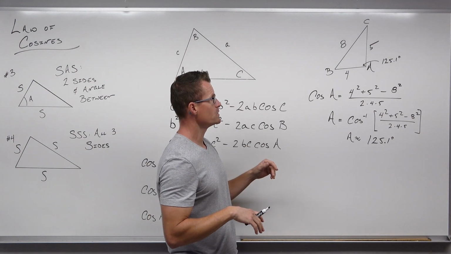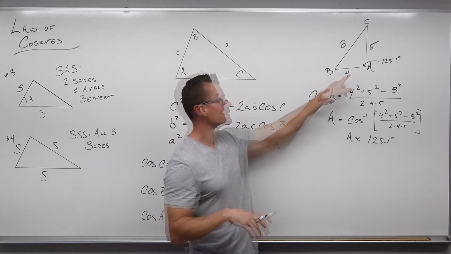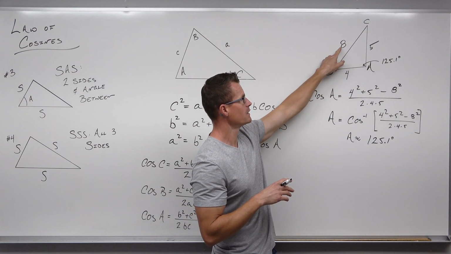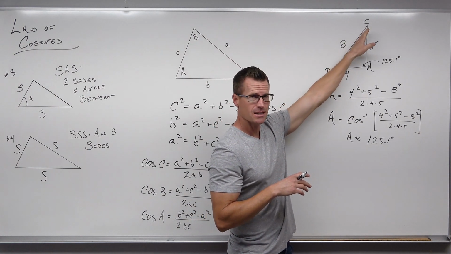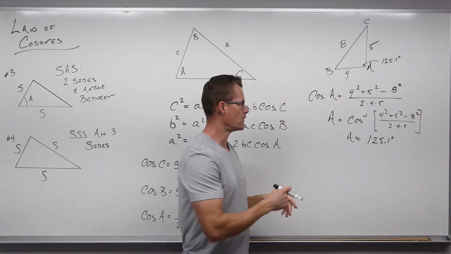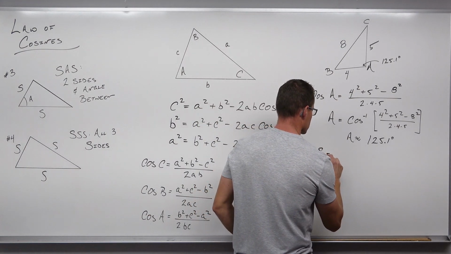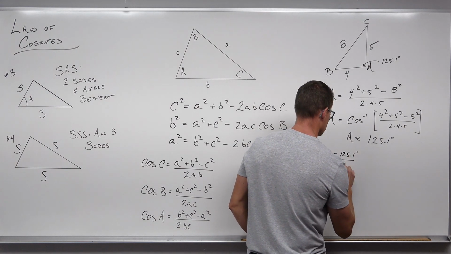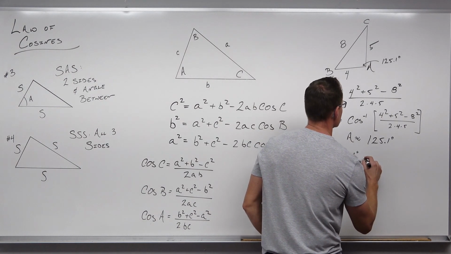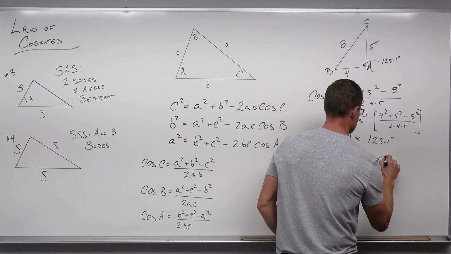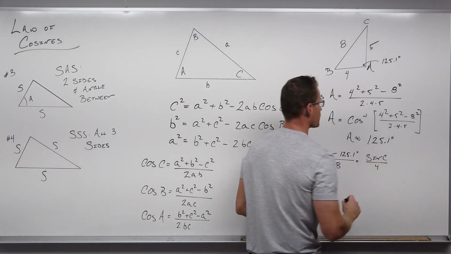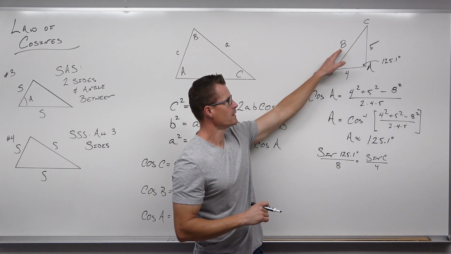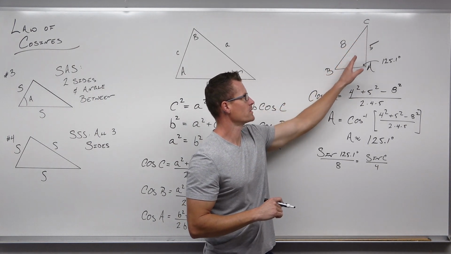So what I would do is take sine of 125.1 degrees over 8 equals sine of c over 4. We're going to try that right now. Sine of known angle over known side equals sine of unknown angle over known side.